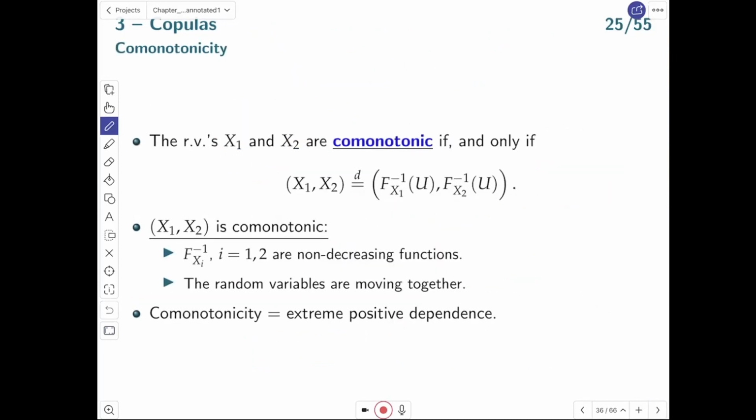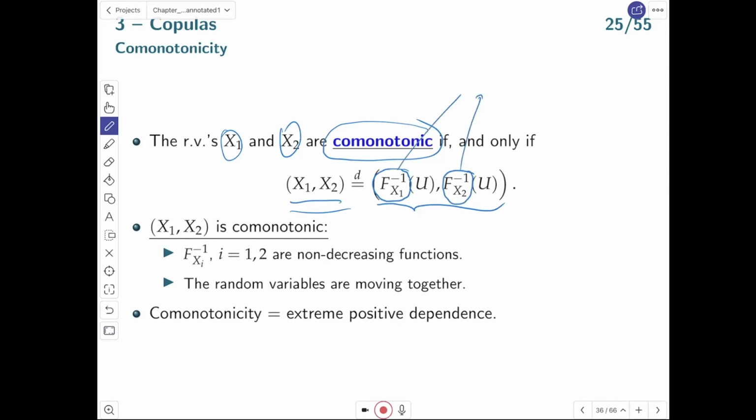Assume now that we have, again, X1, X2, the same random variables as on the previous slide, but now we assume that they are what we call comonotonic, right? What does it mean? It means that the joint CDF of (X1, X2) I can express using this random vector here, where we have the quantile function of X1 and the inverse of X2, right?